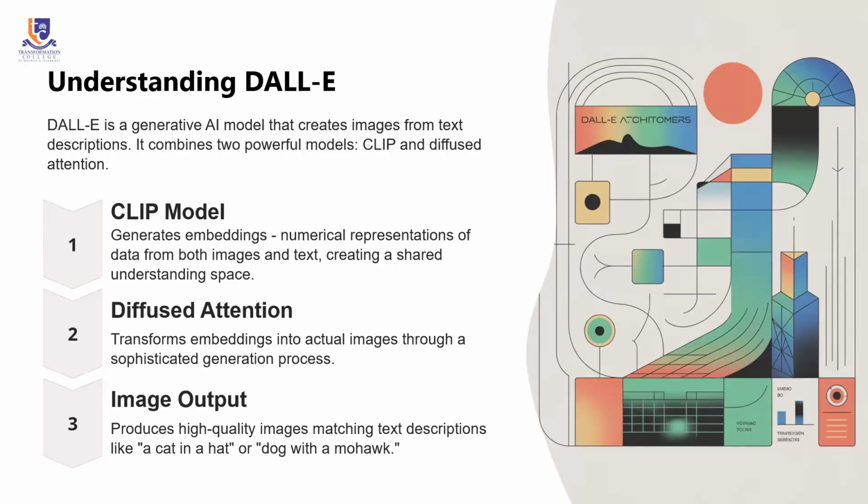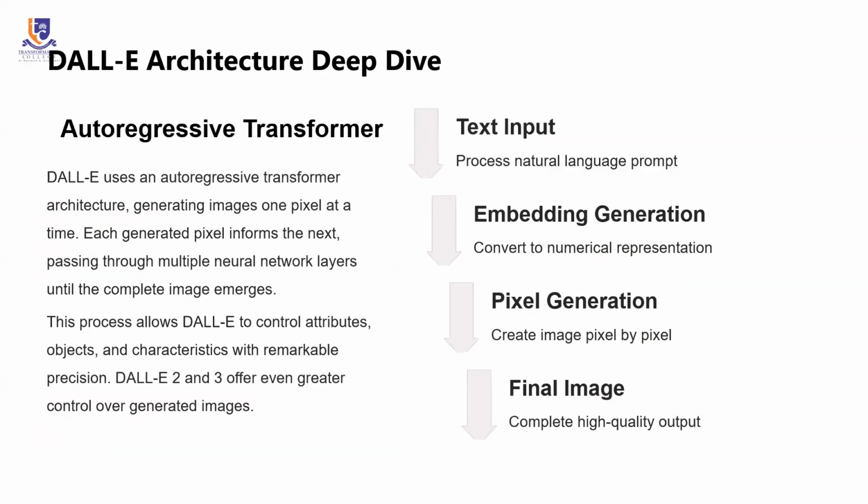Moving forward, we'll take a deep dive into the architecture of DALL-E. DALL-E uses an autoregressive transformer architecture. What that means is that it generates the image one pixel at a time. Pixels are the tiniest element in image generation, and a combination of so many pixels makes up our image.